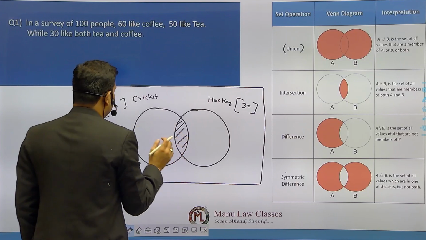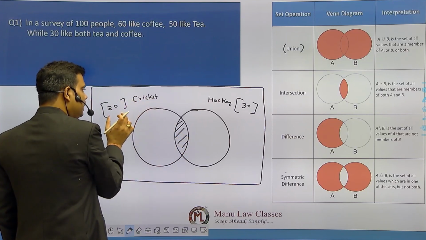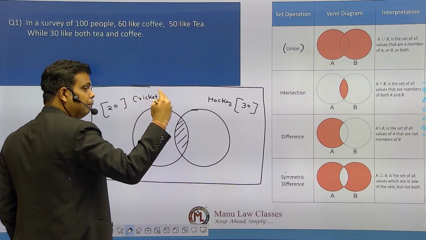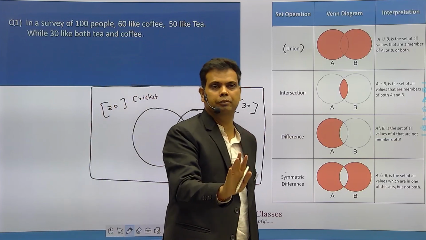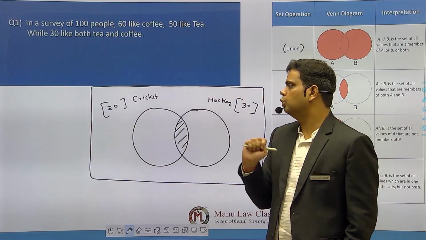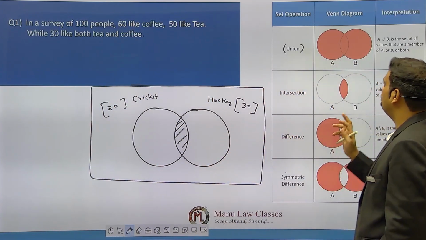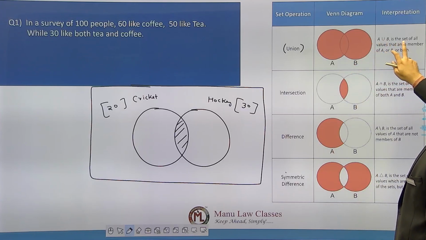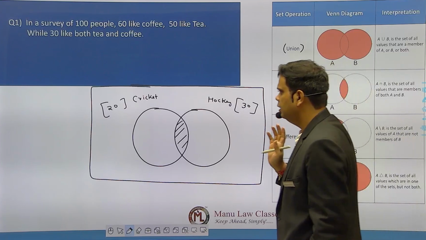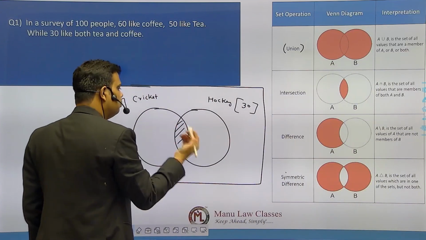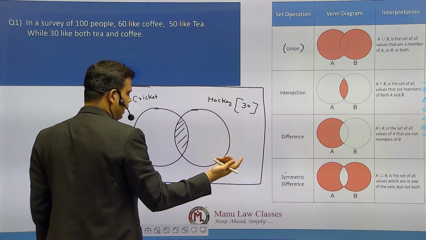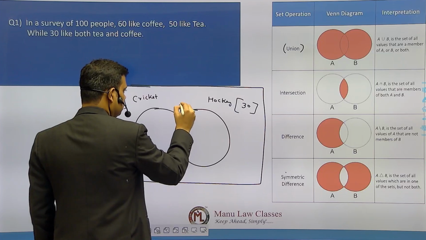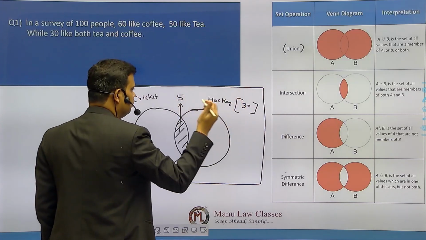It means the person playing cricket is defined, but they might play hockey also, that's not defined. Getting the point? So the basic concept of union is A union B is a set of all values that are members of A or B.